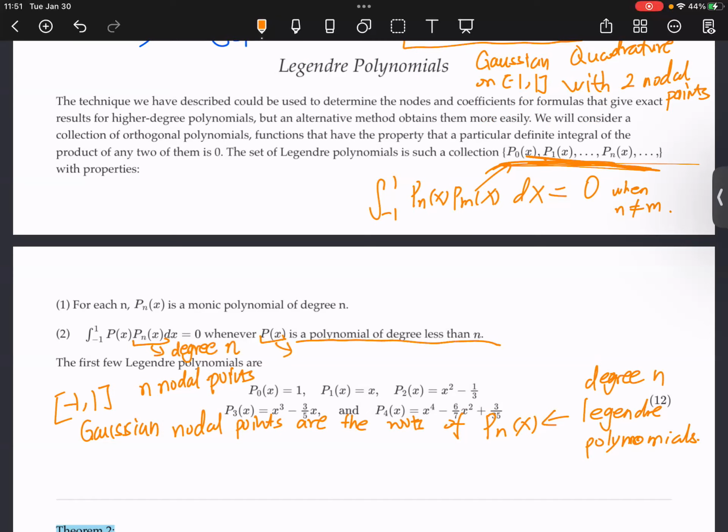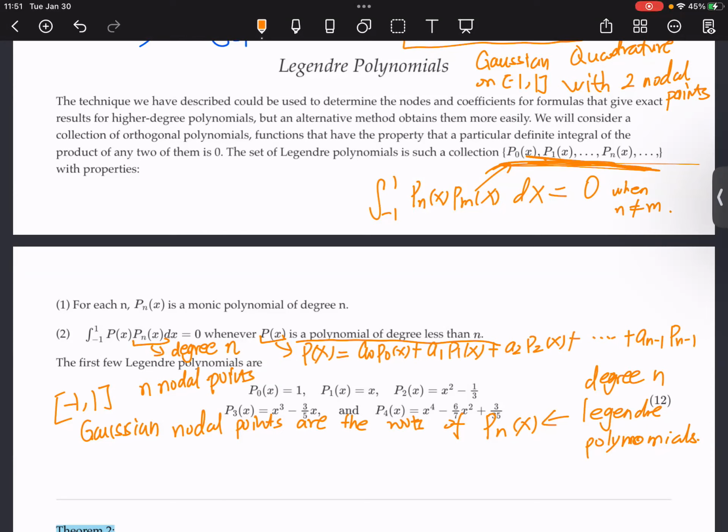which means that P(x), because this is a polynomial of degree less than n, and because the Legendre polynomials can be a set of basis functions for those polynomial functions, we can express P(x) in this way: a0 P0(x) plus a1 P1(x) plus a2 P2(x) plus all the way to, because the degree of this polynomial is less than n, basis functions up to Pn-1, which is with degree n-1.